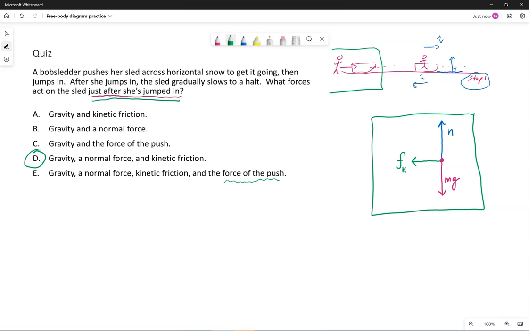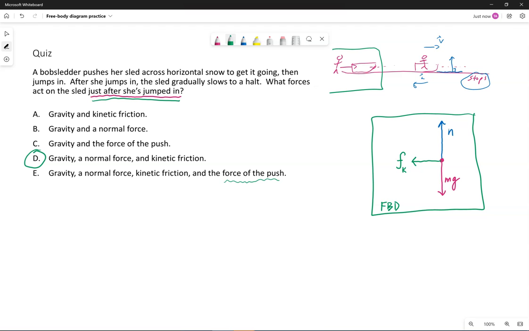So even though the bobsled is going to be moving to the right when she jumps in, that does not show up in this free body diagram. Please ask questions as you're studying this. This portion of recognizing forces and drawing out the free body diagrams is extremely important.